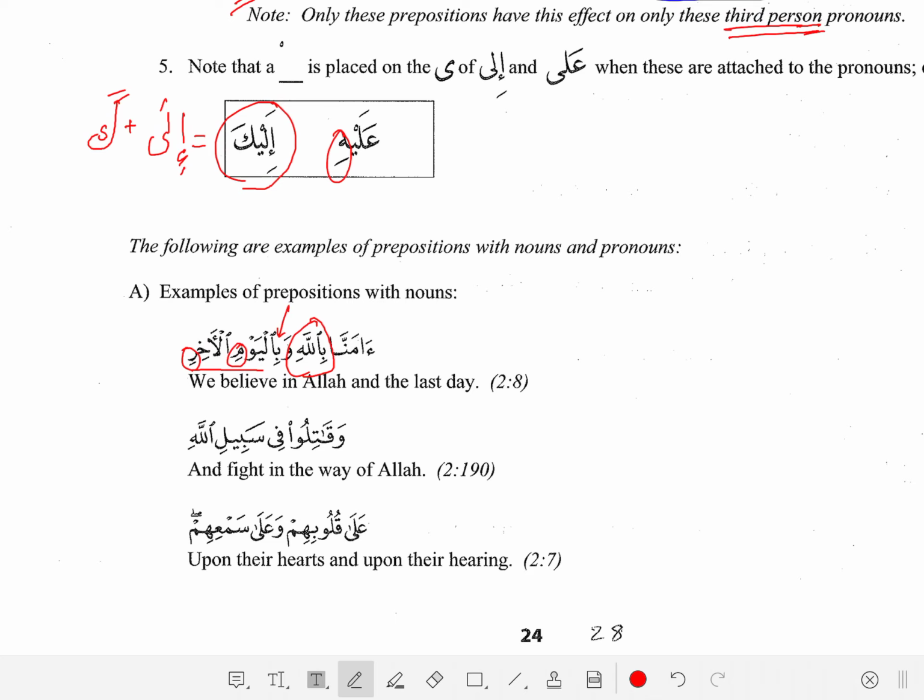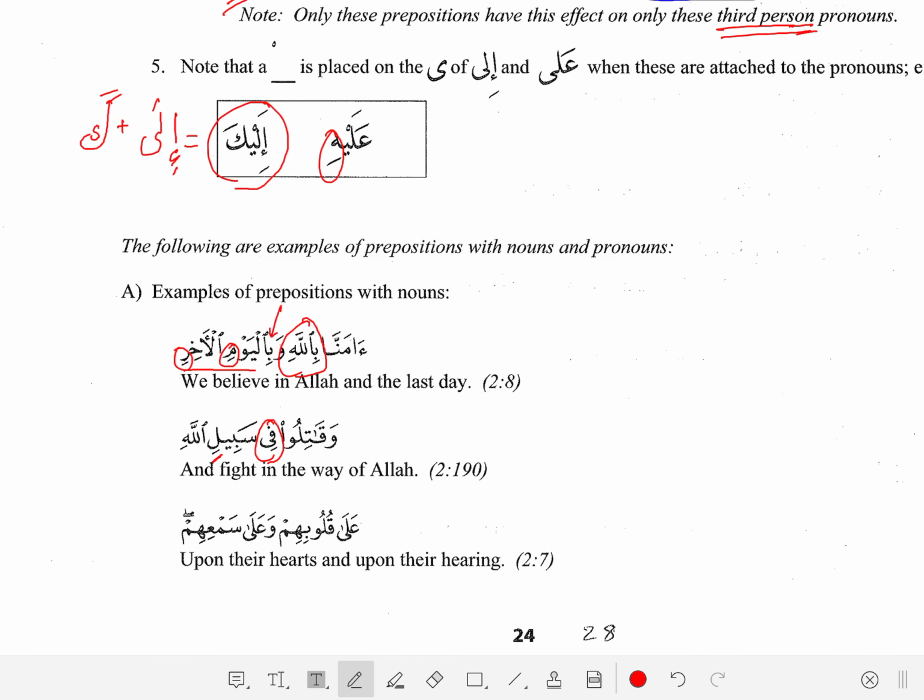And we can do other examples as well. Waqatilu fi sabilillahi. So fi is our harf jarr. So the noun that follows has to have the kasra, sabili. See this? Sabilillahi, right? And so ala qulubihim wa ala samihim, so ala, right?